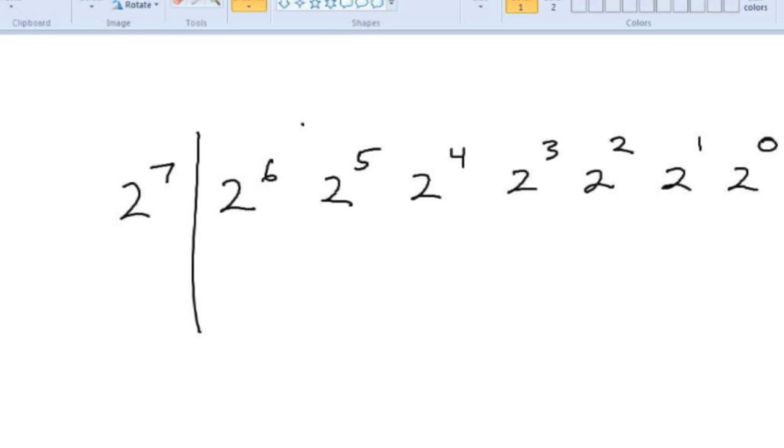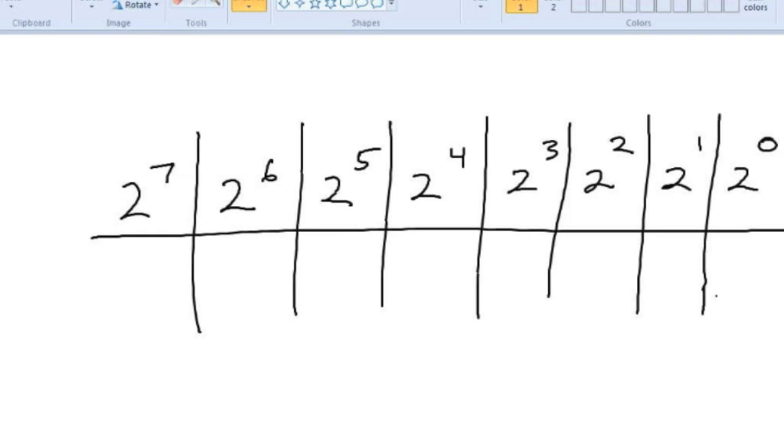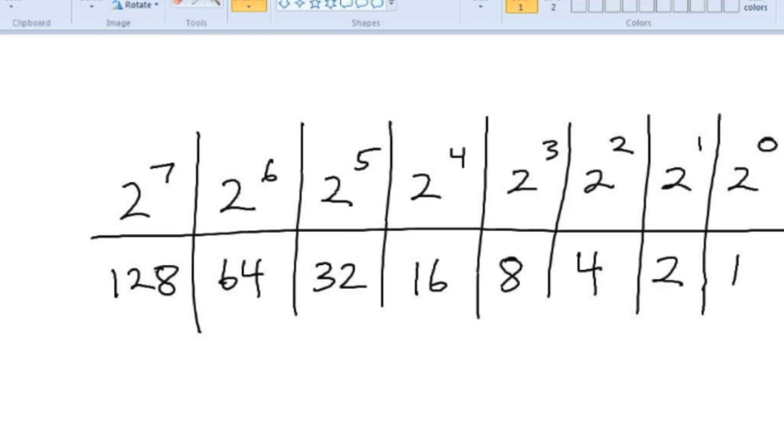I then draw lines between these, and a line underneath, and then I show the decimal equivalent. 2 raised to the 0 is 1, then 2, 4, 8, 16, 32, 64, 128. Notice how easy this is. It starts at 1, and then you just double it as you go that way.